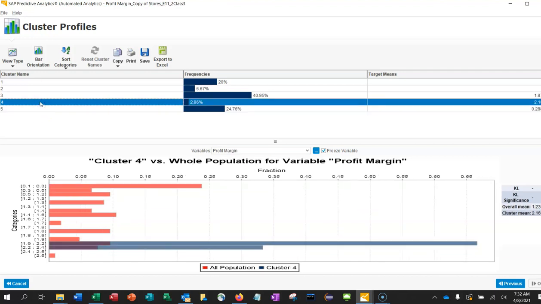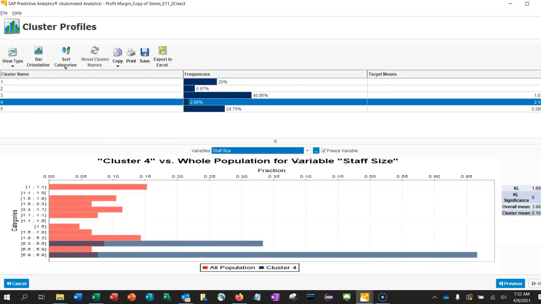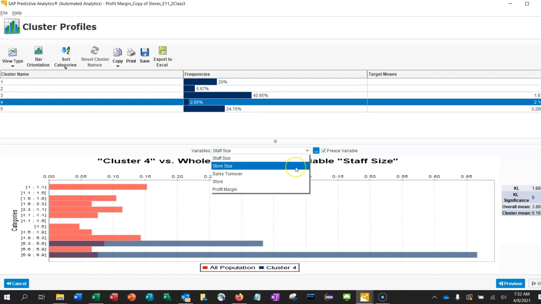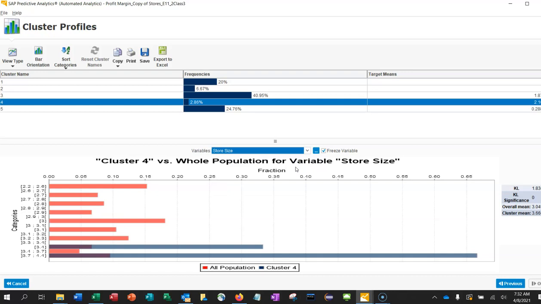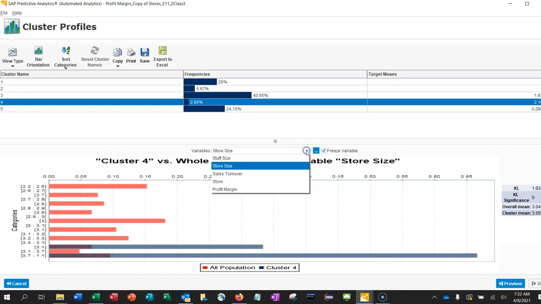So we can compare cluster 4 with cluster 5 and 2. And then say cluster 4, we can look at the other. So they are bigger in size. The ones that are highly profitable are also bigger in size. I mean staff size. They're also bigger in store.